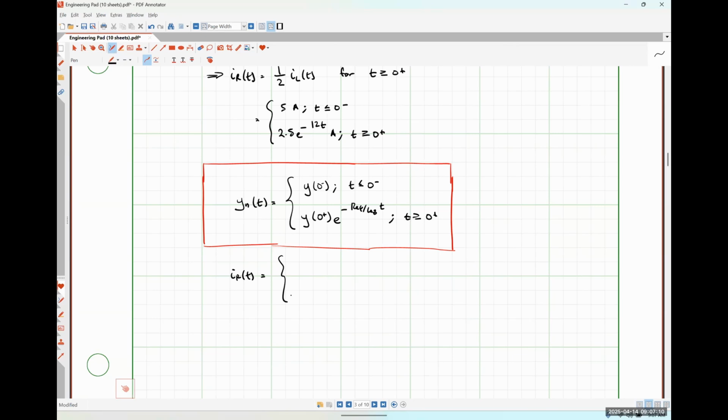So Y is any voltage or current that we're interested in, that we've kept track of. In this case, I'm trying to find out what's going on with that resistor. So what was the value of the resistor current at 0 minus? 5 amps.